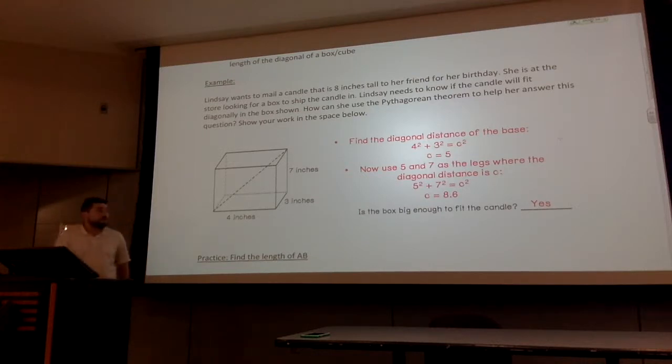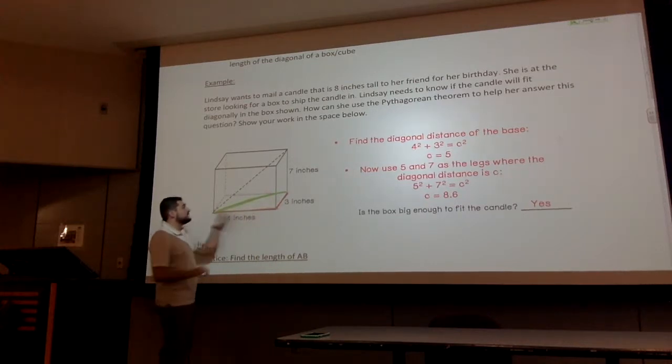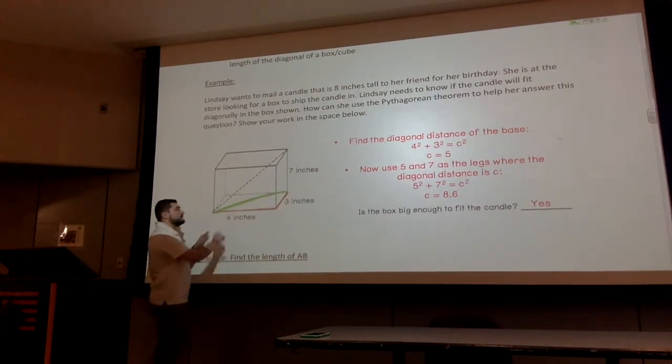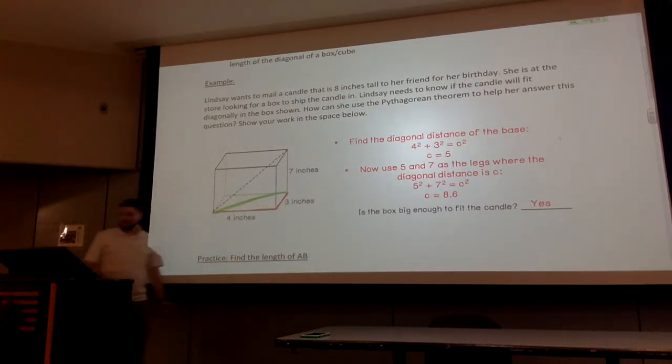So first, we're going to find the diagonal distance of the base. What this means is, we're going to take this length of 4 inches and this length of 3 inches, and then we need to find the length of the diagonal, which is shown by this line here. If we just take this base and picture it as a rectangle, all we're doing is finding the length of this diagonal, where we can form a right angle and use the Pythagorean theorem.